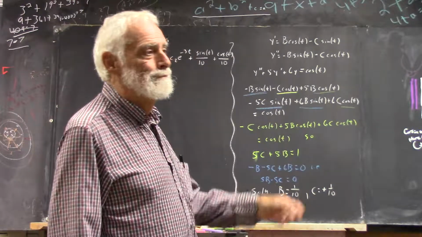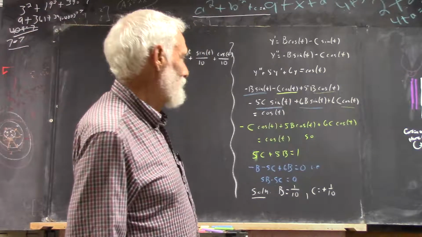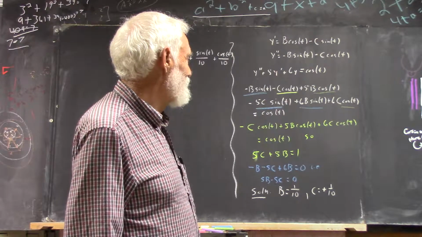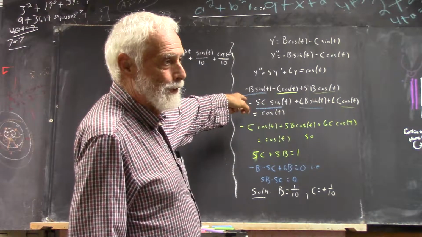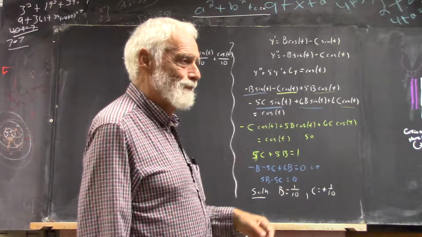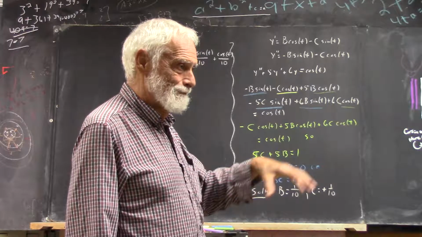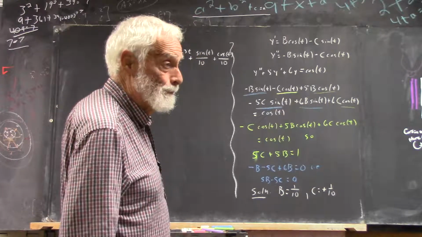Reduction of order, integration by, I was going to say integration by parts. This is called undetermined coefficients. And there's this other thing called variation of parameters. The variation of parameters is a little more complicated. You've got to get your feet wet on a lot of things to do that, okay?